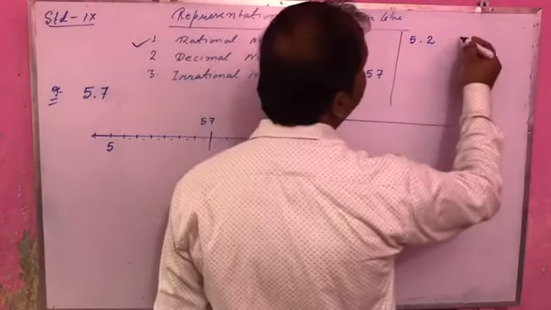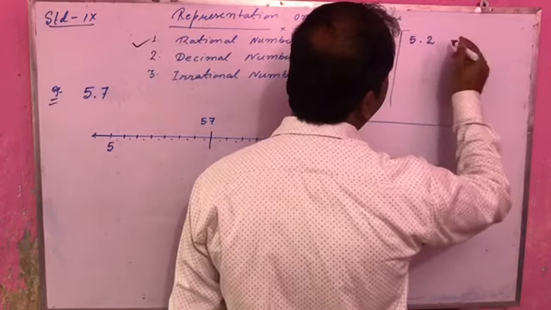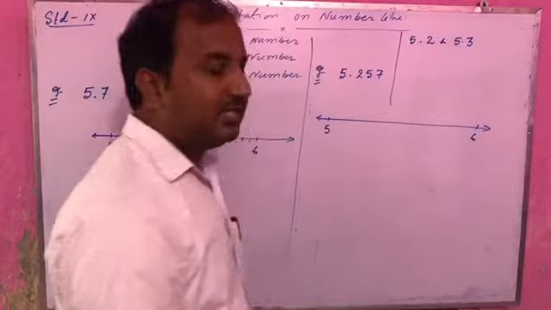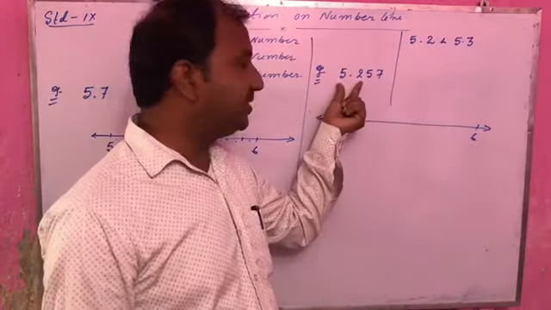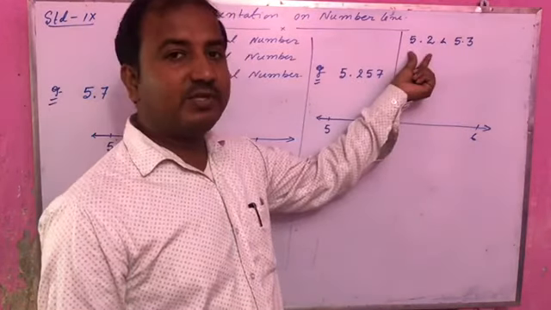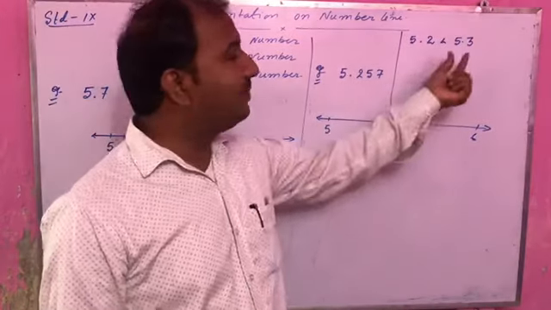Means the number must lie between 5.2 and 5.3. ये जो नंबर है वो किस दो के बीच आएगा? तो सबसे पहले आप 10th प्लेस को देखो. 10th प्लेस आपका 5.2 लेके चल रहा है. तो ये जो पूरा नंबर है 5.2 और 5.3 के बीच आएगा.